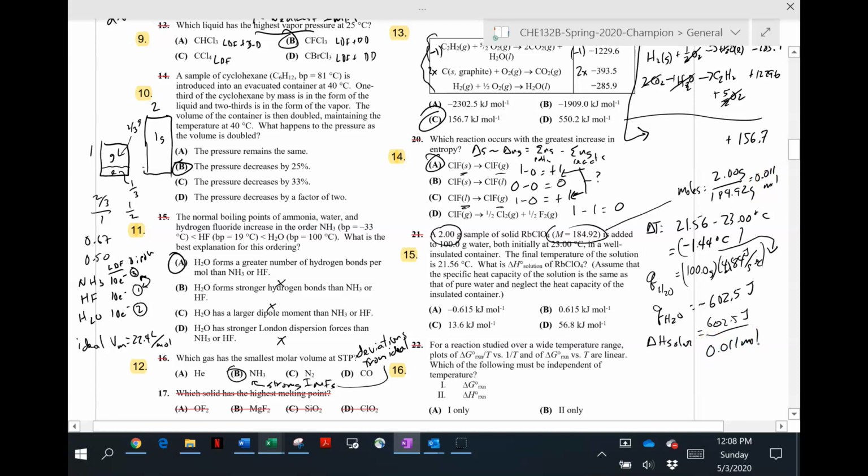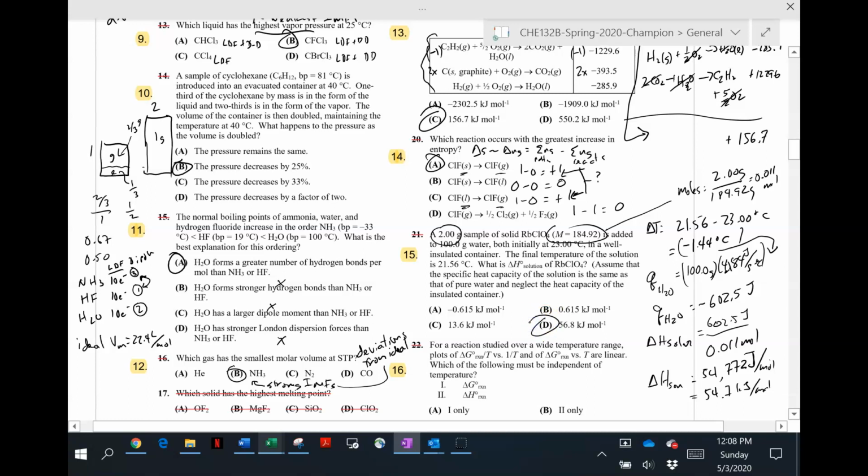All right, so if I take 602.5 and divide that by 0.011, I get our delta H of solution is 54,772 joules per mole. If I make that kilojoules, that's going to be 54.7 kilojoules per mole. And the closest answer to that is D, which I'm going to go with.